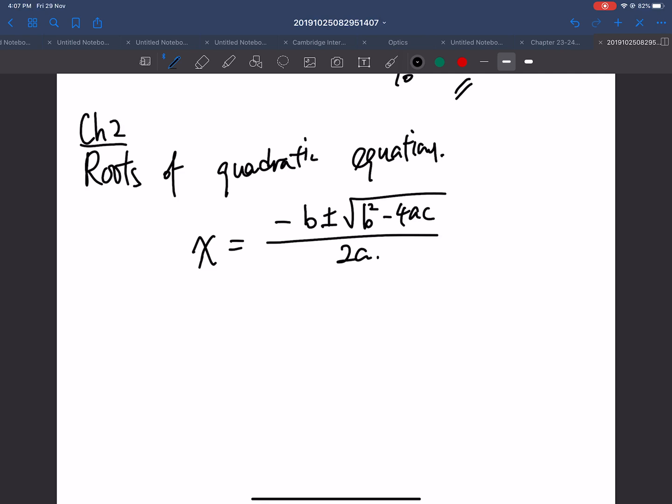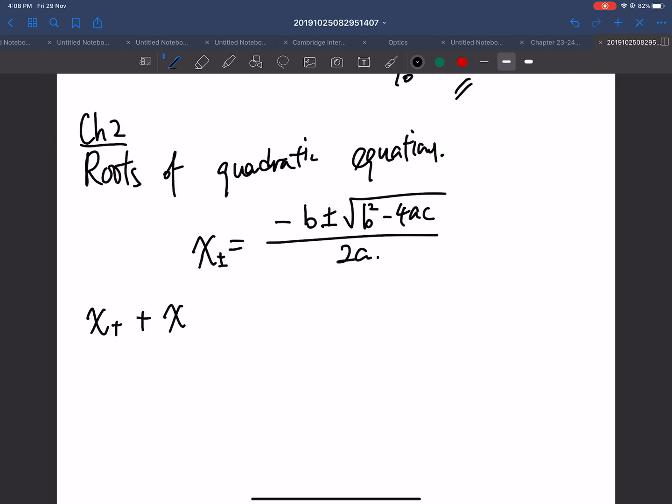I denote the solution to be x plus and x minus, okay? That means if it's x plus, it's plus here. If it's x minus, it's minus down here. So can you try to find, have you learned about this one, the sum of roots?